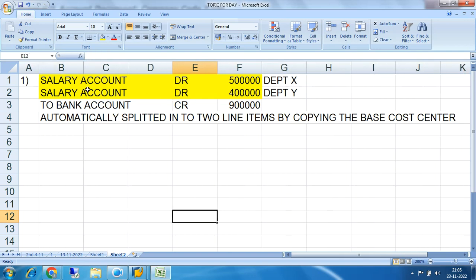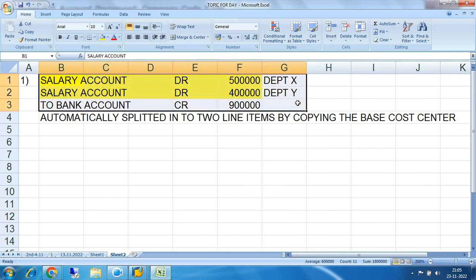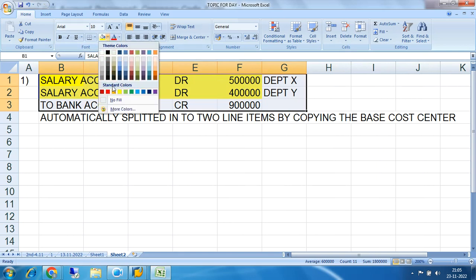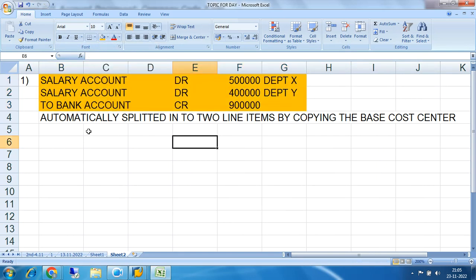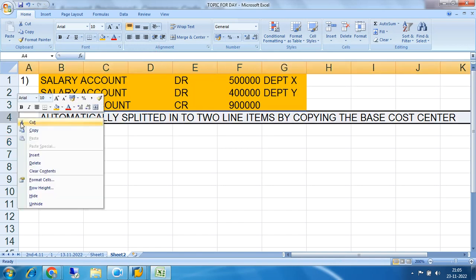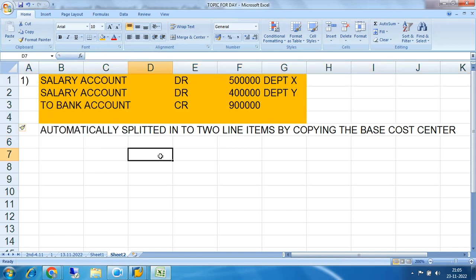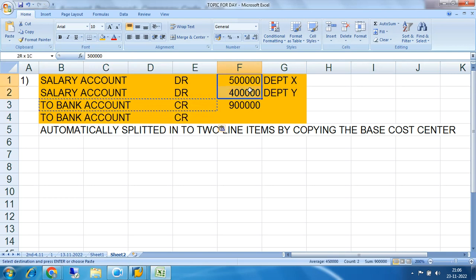Even if my end user passes the entry in a manner like this, when the entry is saved, it will be saved like this. Automatically two line items will be created in the background.